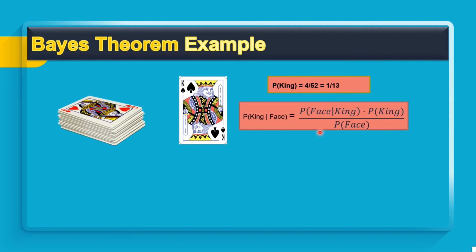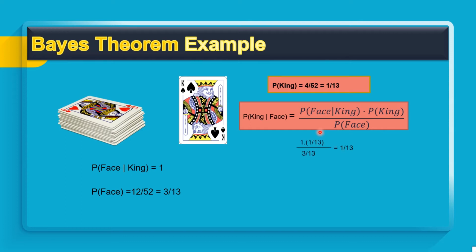Since every king is also a face card, the probability of face given that it's a king is equal to 1. And since there are 3 face cards in each suit, that is jack, king and queen, the probability of a face card is equal to 12 by 52, that is 3 by 13.